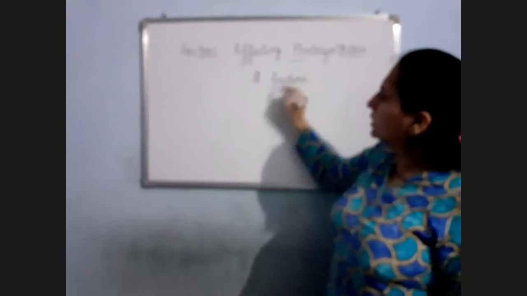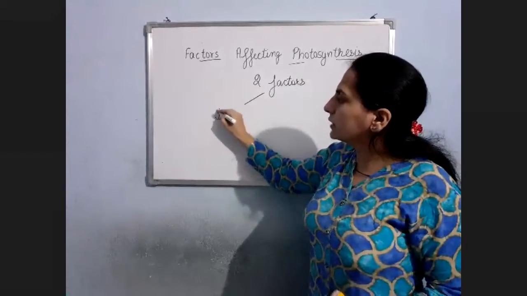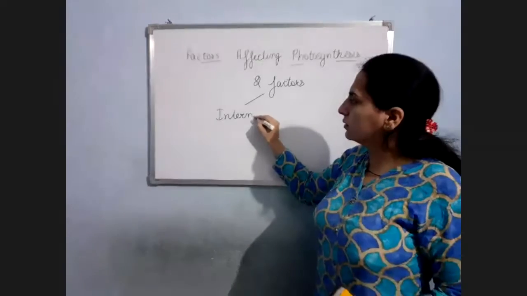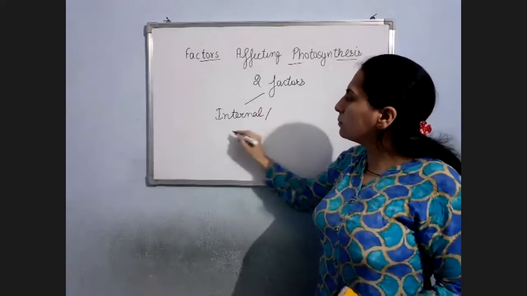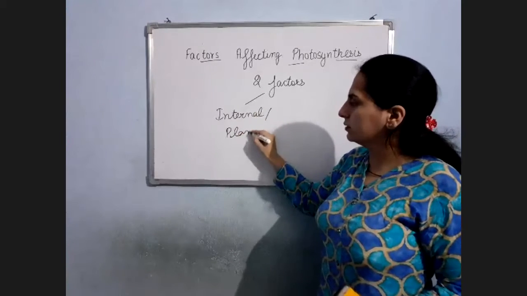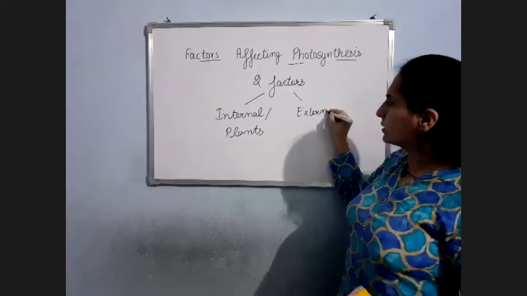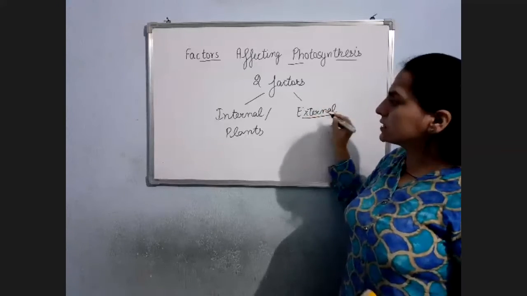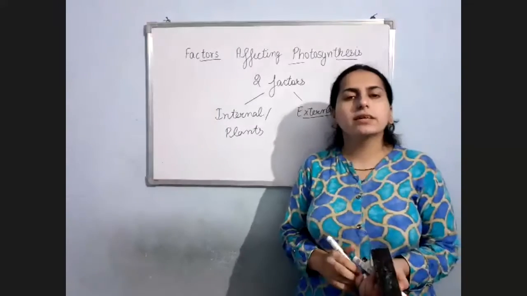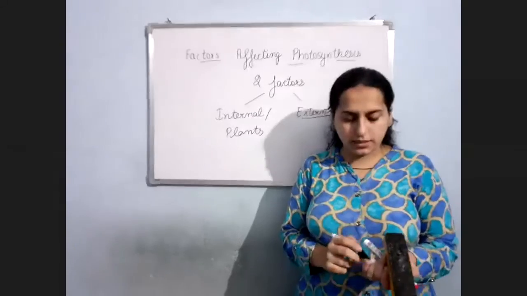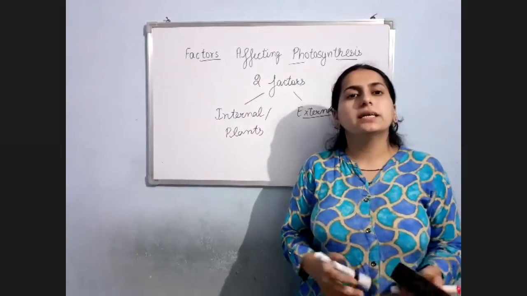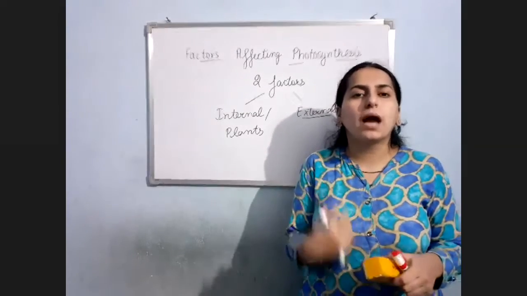First is internal factors, or I can say the plant factors. And second is external factors. As the name suggests, internal factors are the factors that are present inside the body of the plant.